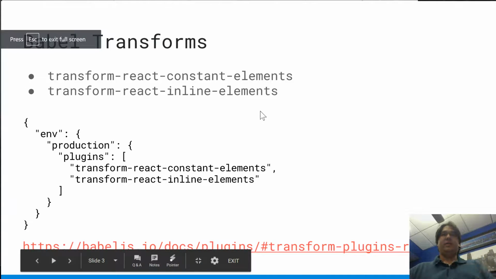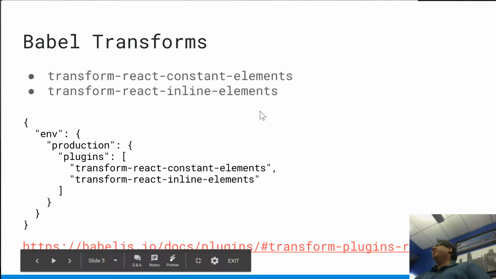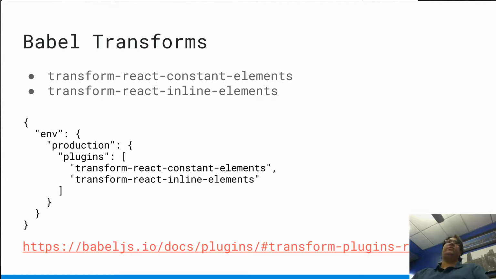So continuing on, there are some free Babel transforms that you can apply in production that will give you a non-trivial performance boost in your React app: transform React constant elements and transform React inline elements. These are pretty useful.